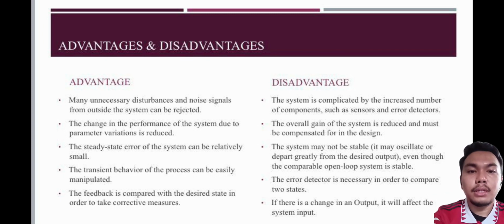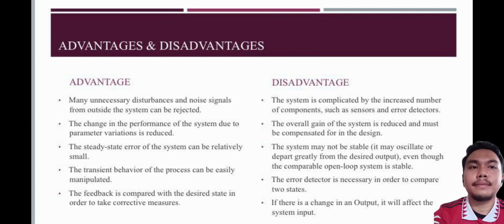Now we go to the disadvantages in control system. The first disadvantage is the system is complicated by the increased number of components, such as its sensor and error detector. The overall gain of the system is reduced and must be compensated for in the design. And the second, the system may not be stable.